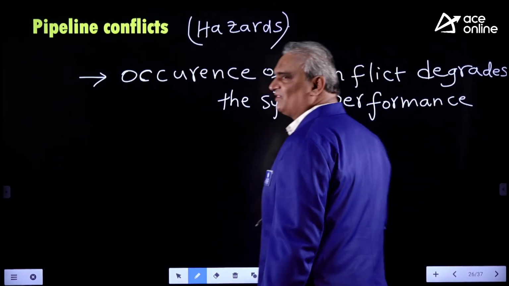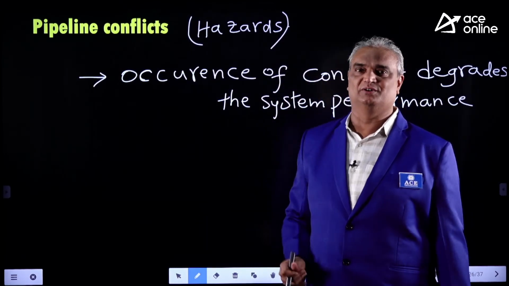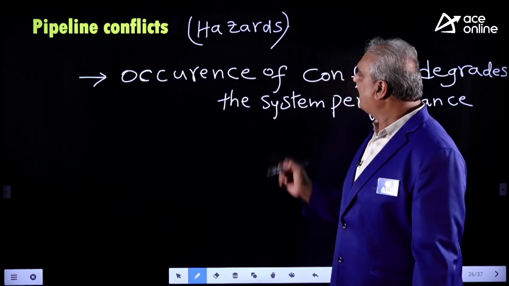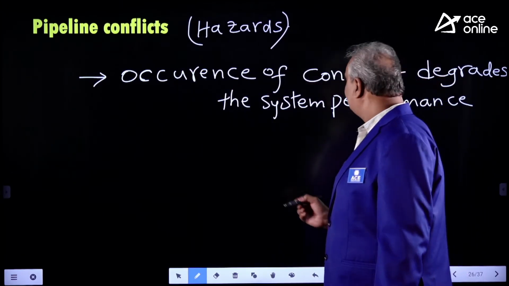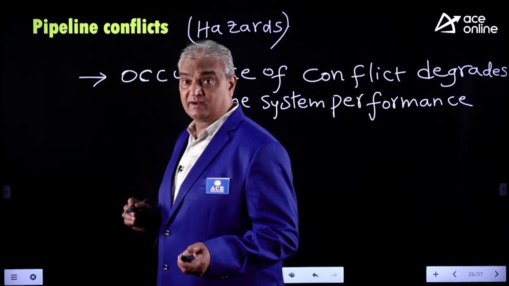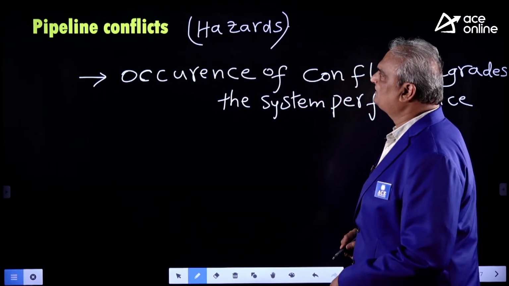It moves closer to non-pipeline. That's why occurrence of conflict degrades the system performance, because some number of clock cycles are wasted for resolving the difficulty.